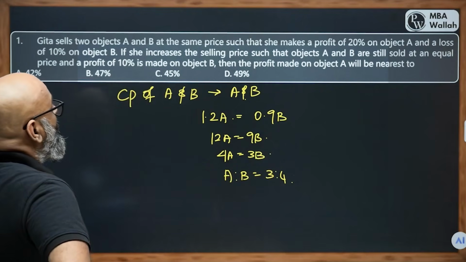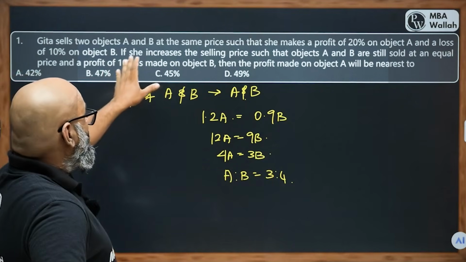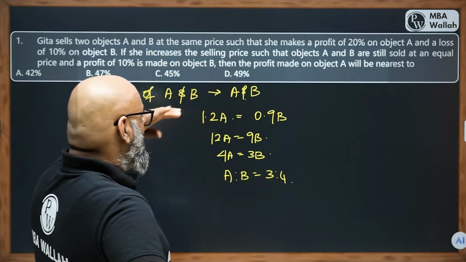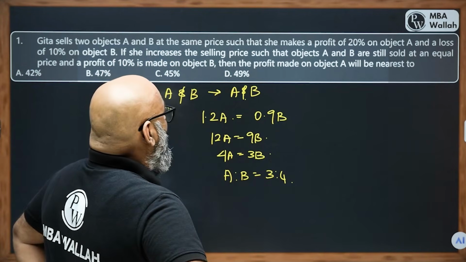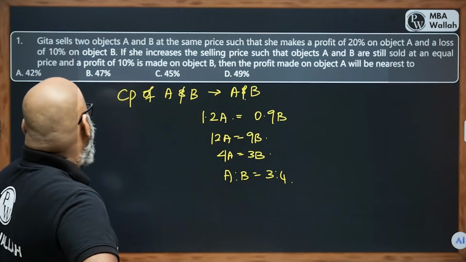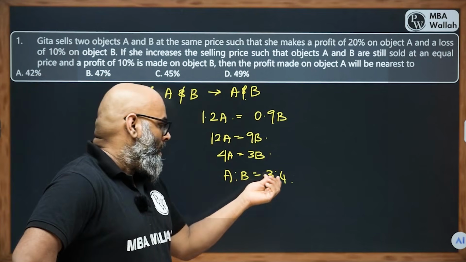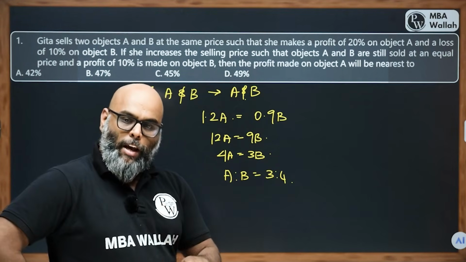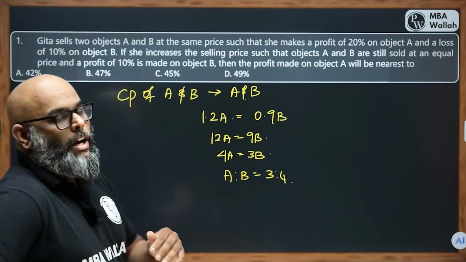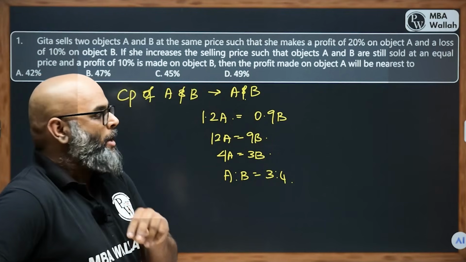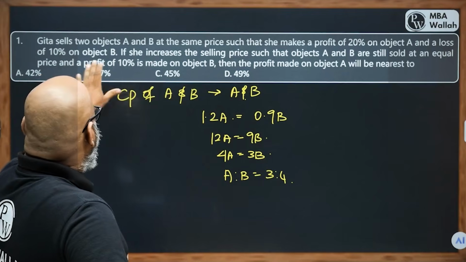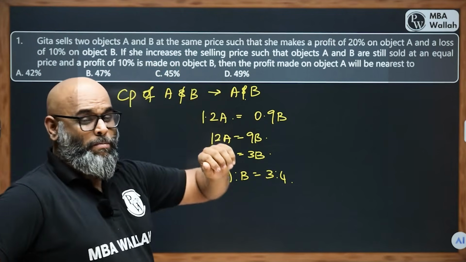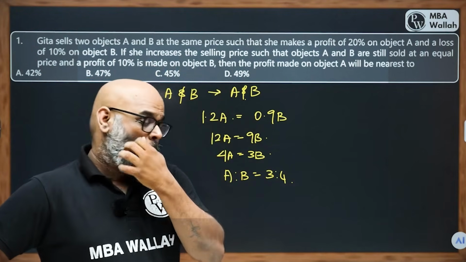But now the condition says if she increases the selling price such that object A and object B are still sold at an equal price. So despite the change in the if clause, they will still be sold at the same selling price, which is a different selling price, but the prices will be same. And a profit of 10% is made on object B. So object B is sold at a 10% profit.